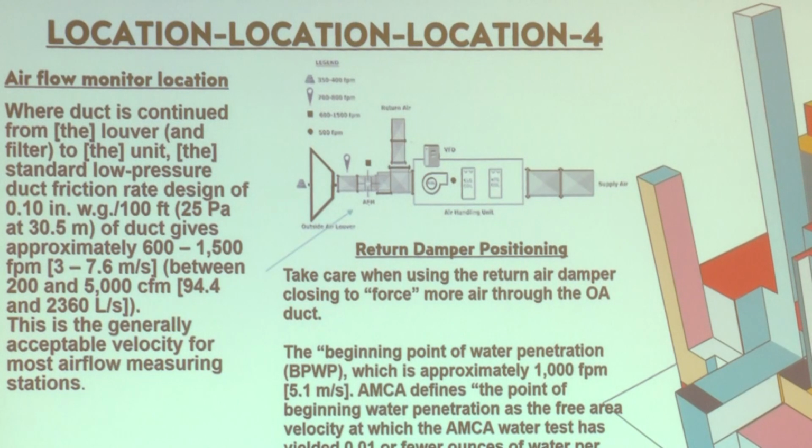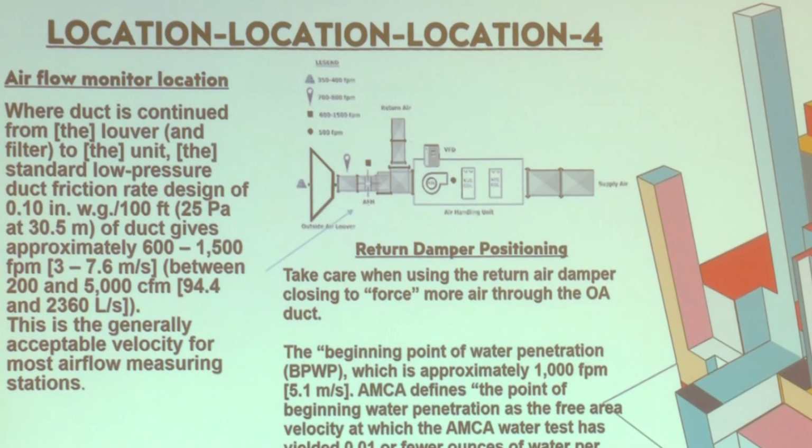Because, as you know, cooling coils like a certain velocity across them. But when the outdoor air is not designed properly, that velocity is much higher through the outdoor air, which increases the velocity through the coil, which makes the whole unit not work right.